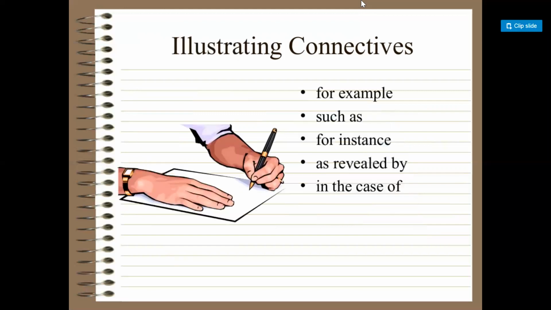The next one is illustrating connectives. Here, illustrating means to provide examples. It tries to provide more examples or more definitions of it.